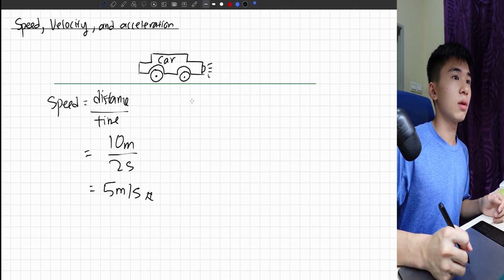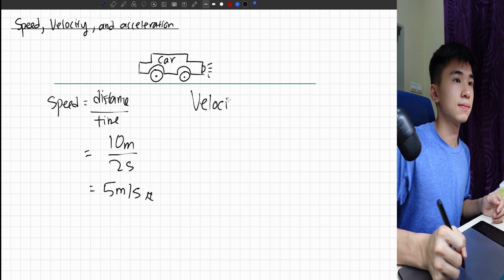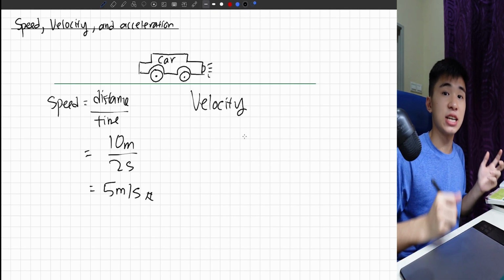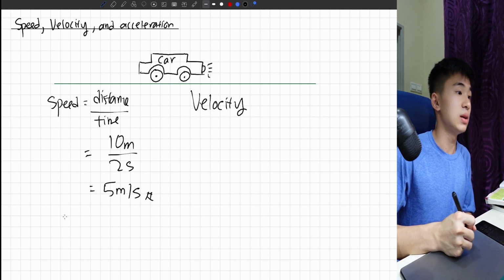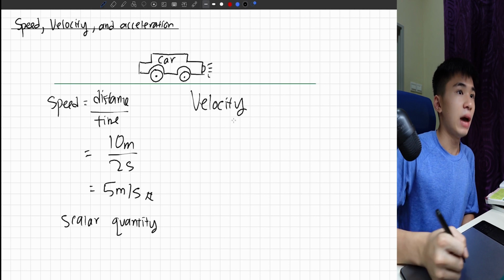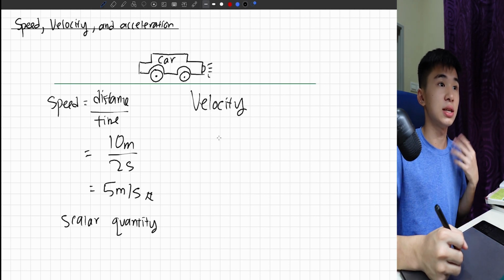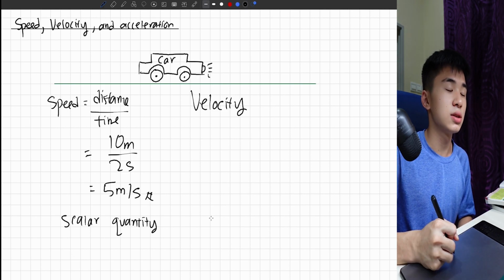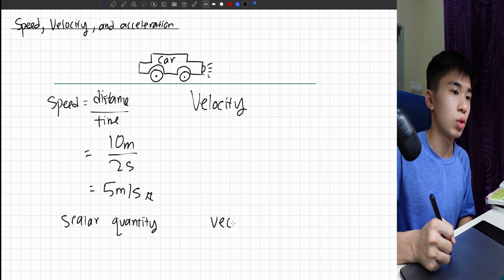The next one, velocity. Speed and velocity are actually the same. It's just that speed is a scalar quantity, and velocity is actually speed, it's just that we have direction in velocity. So velocity is a vector quantity.